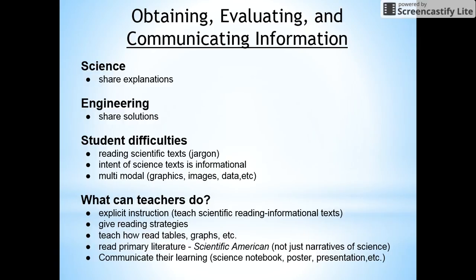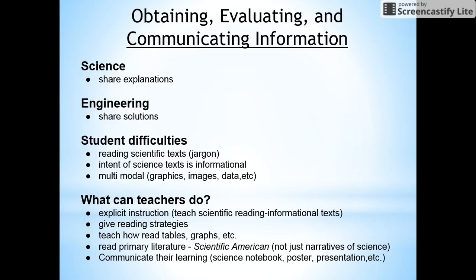Finally, obtaining, evaluating, and communicating information. Being able to read, interpret, and produce scientific and technical text is a fundamental practice of science and engineering, as is the ability to communicate clearly and persuasively.